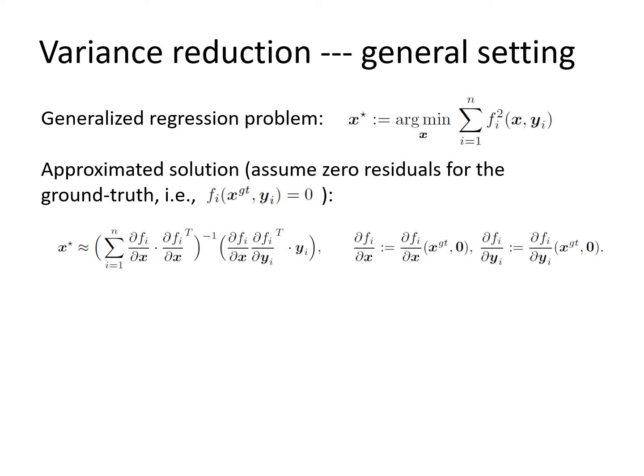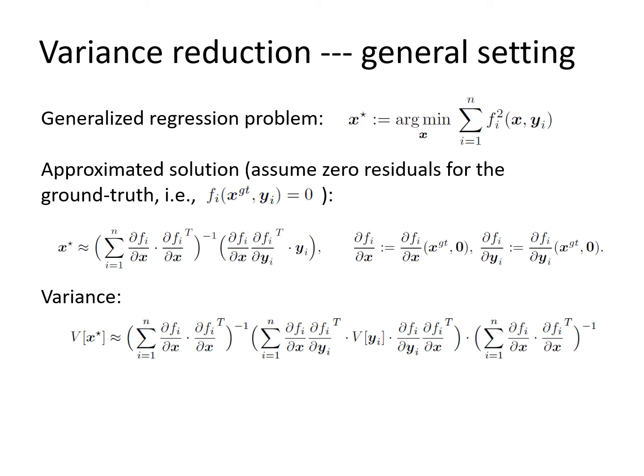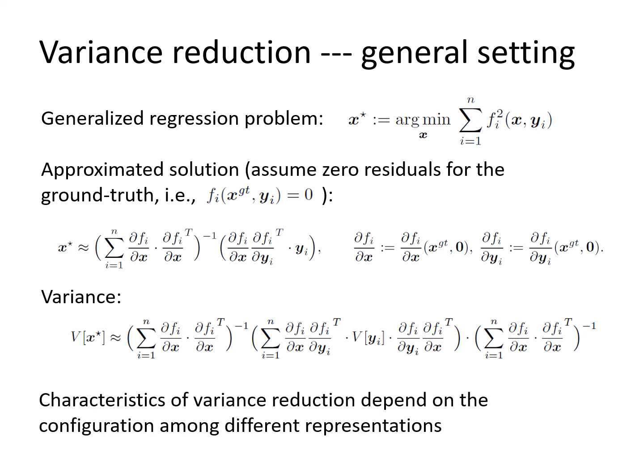We can make similar arguments that the bias remains similar, and we have a reduction in the covariance matrix. Yet in this general setting, the characteristics of the variance reduction depend on the configuration among different representations.